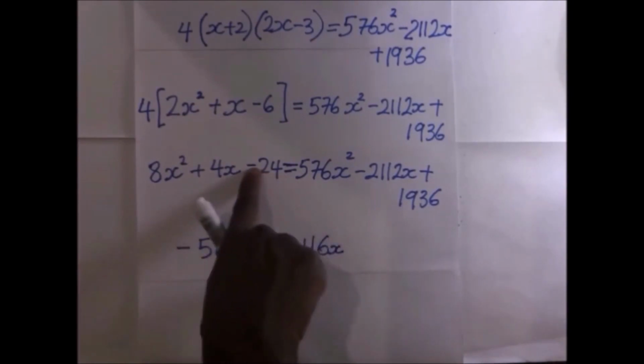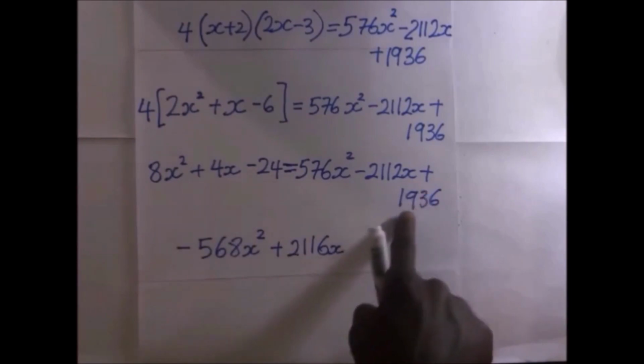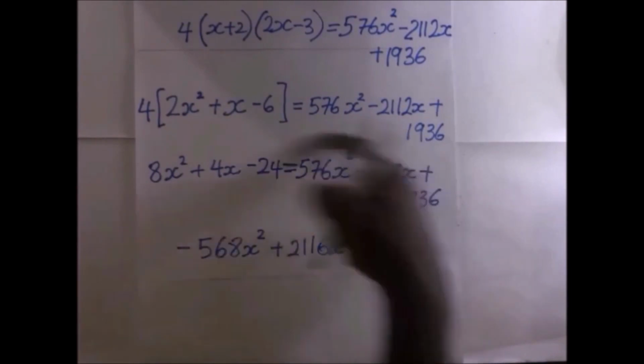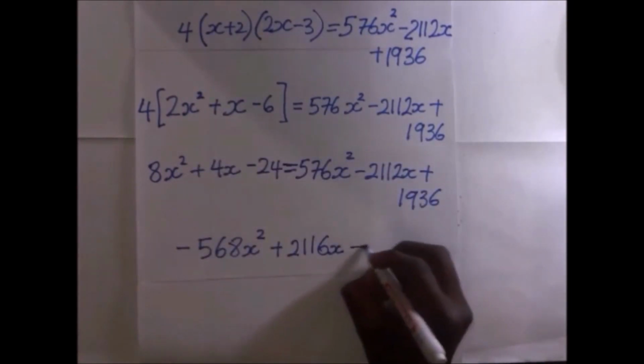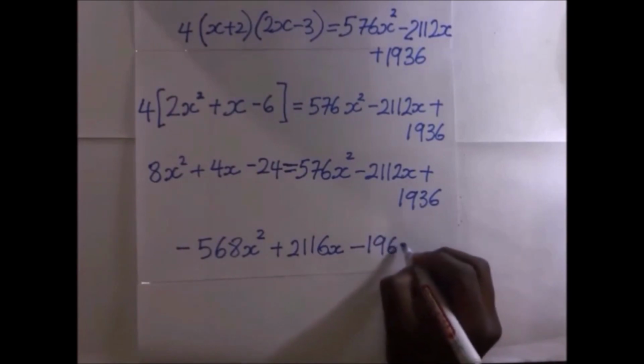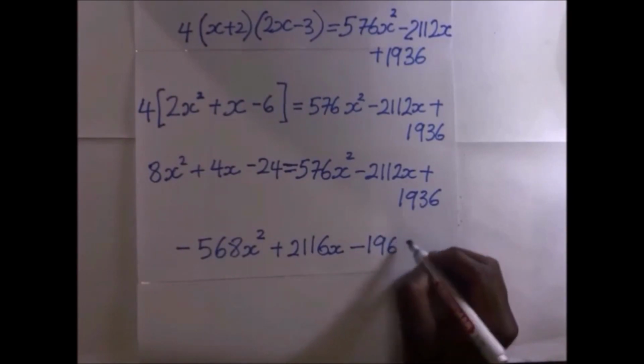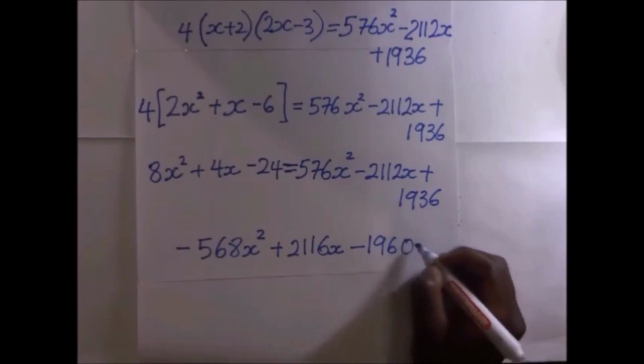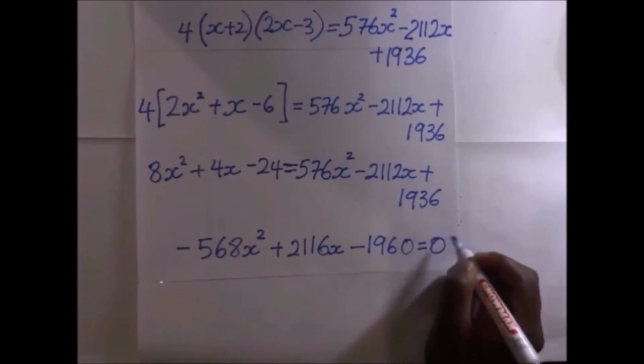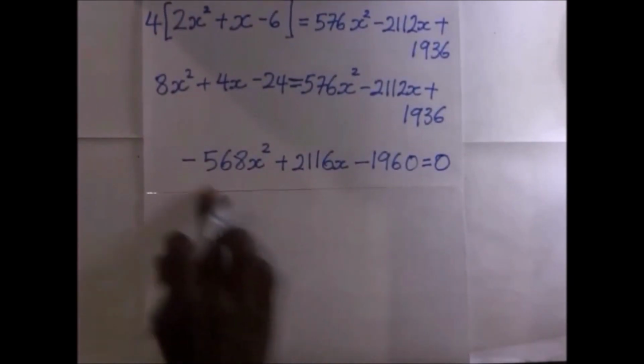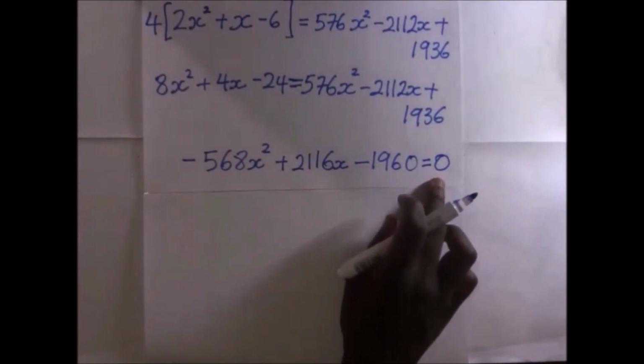Then negative 24 minus 936, because we are putting it this side, is going to give us minus 960, and that is going to be equal to 0. So this is a quadratic equation that we have formulated.